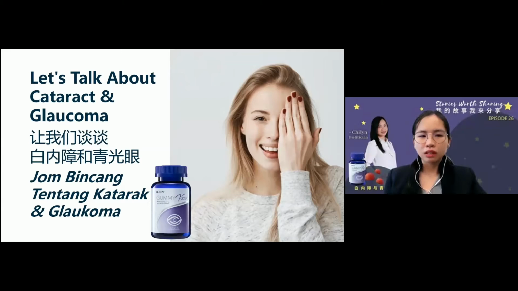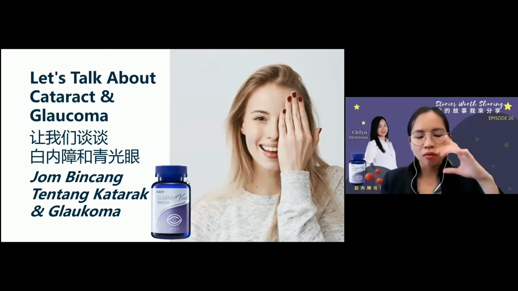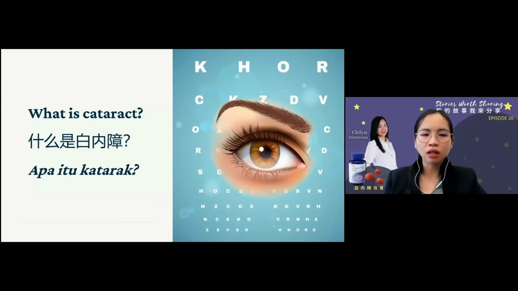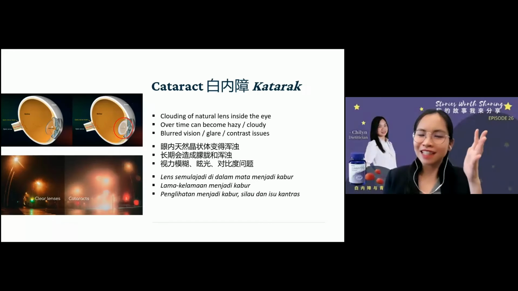The first question, what is cataract? Over at the front part of our eyes, there's a structure which we call the lens. If you look at the picture, it shows that a healthy eye lens is very clear and transparent.